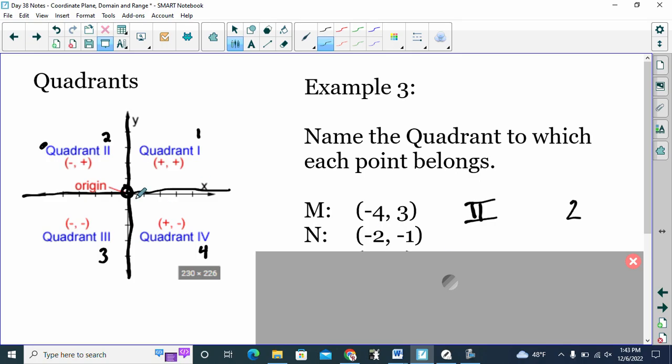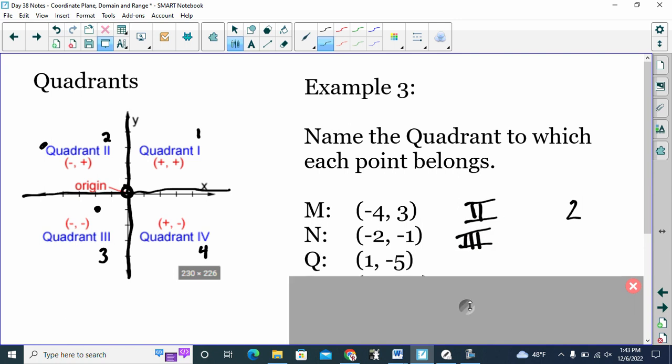Point N is at -2, -1. That's in quadrant 3. Point Q is at 1, -5. That's in quadrant 4.